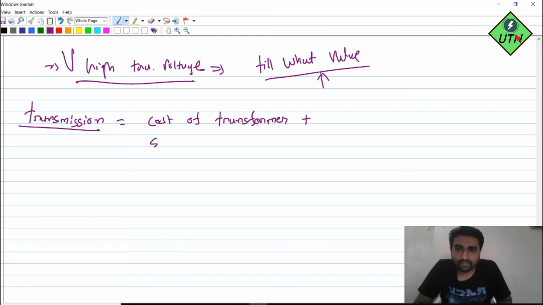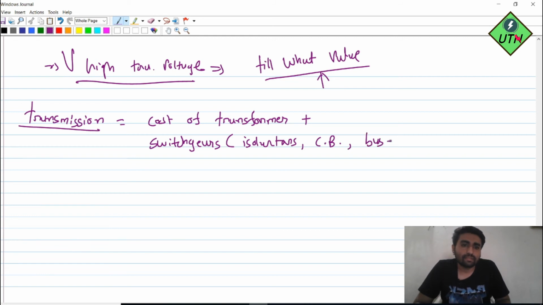After that we have switchgears, right? In the switchgears we have isolators, circuit breakers, bus bars, relays, etc. So all these things are also required. Along with that we have the cost of the insulators.